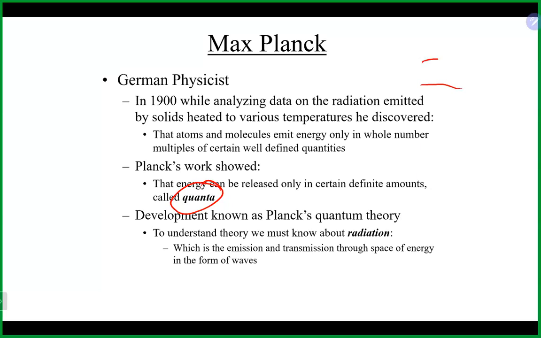So if we had multiple energy levels and an electron gained energy, it would gain enough energy to get all the way up there. And if that electron wanted to lose energy and stop right about there, it would lose enough energy to get all the way down there. It will never find itself halfway between energy levels and go, I'm tired, I'm just gonna take a rest here. So again, it will either gain or lose energy in whole number multiples that allow it to completely transition from one energy level to the next.